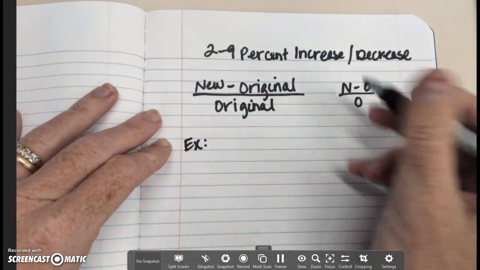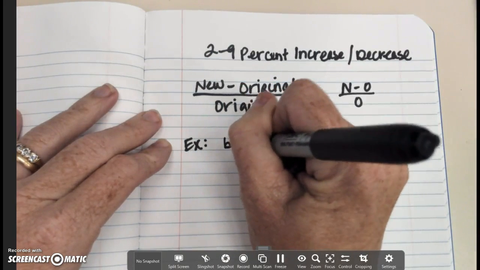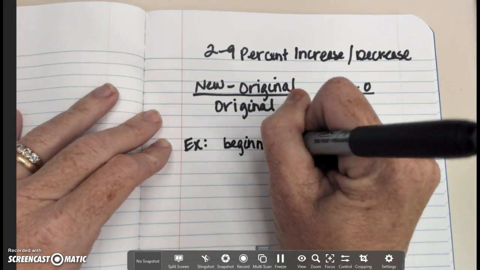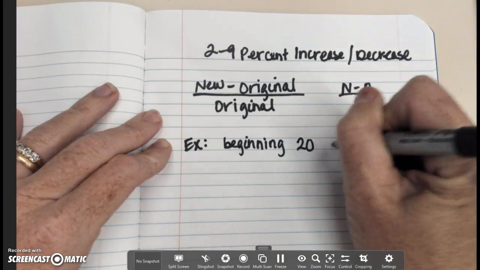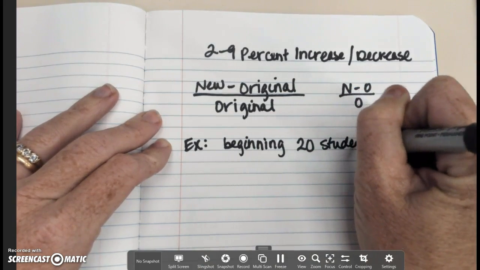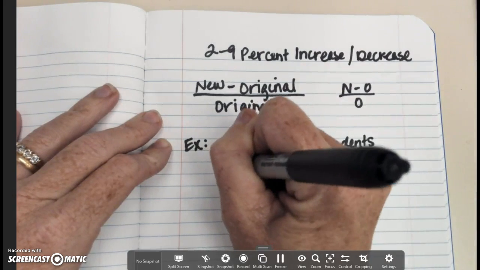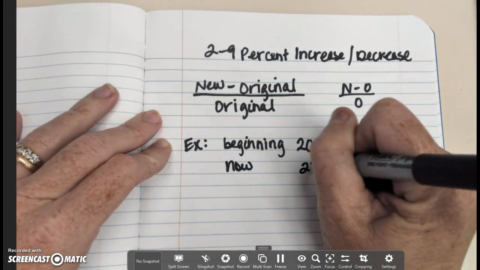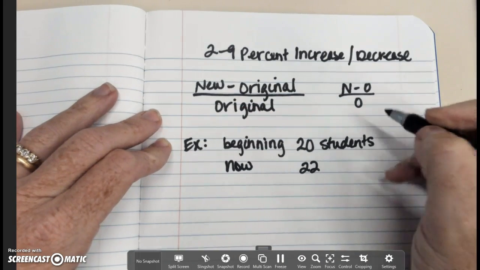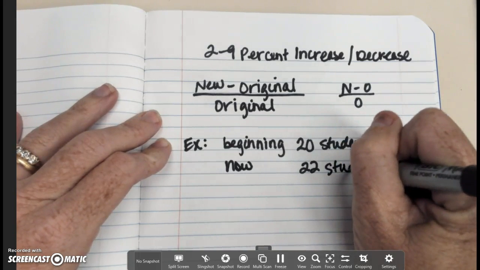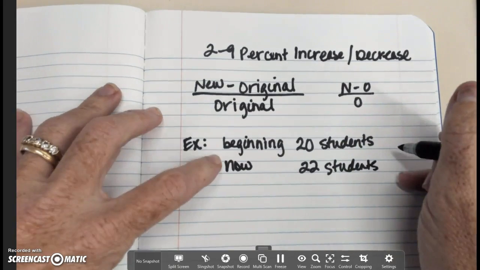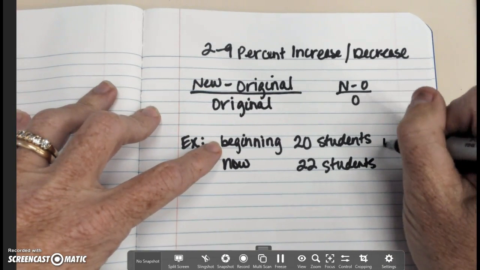So here's an example. In our class at the beginning of the year, we had 20 students. And now we have 22. Okay? So at the beginning of the year is going to be our original amount.